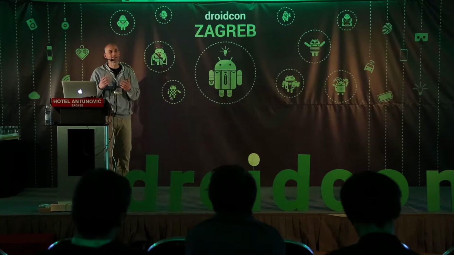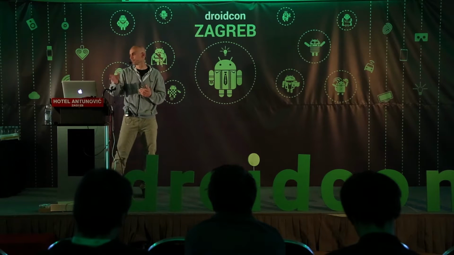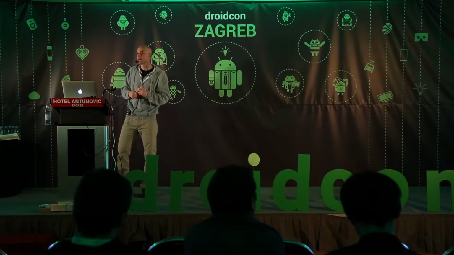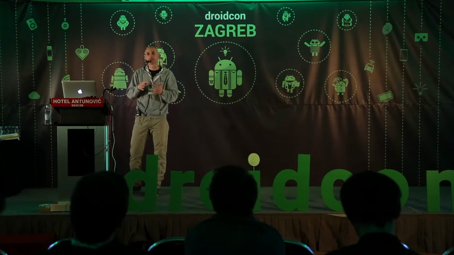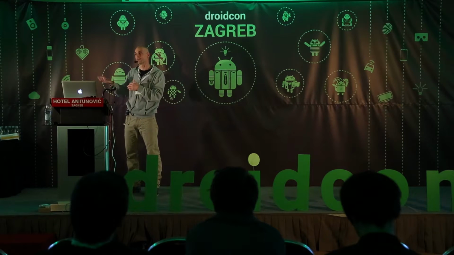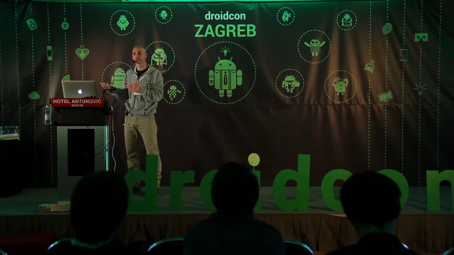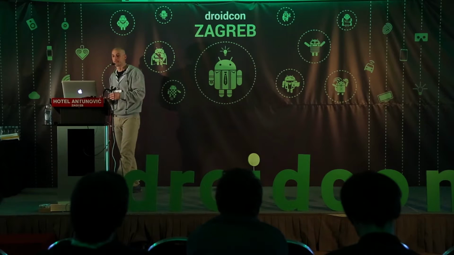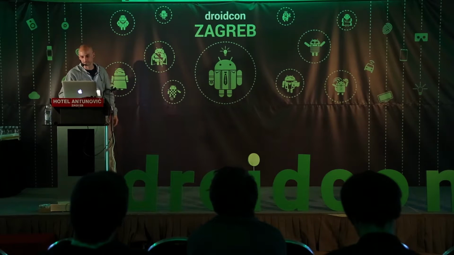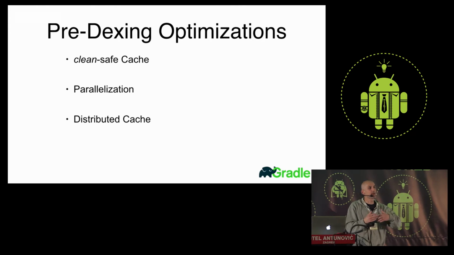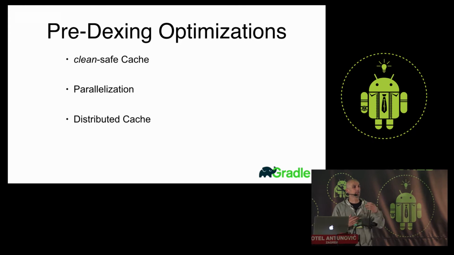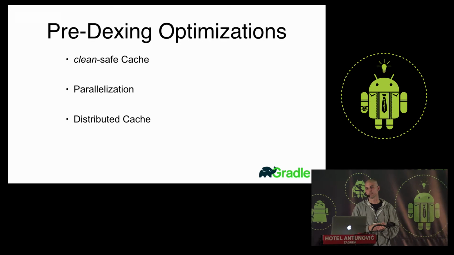And next time you call clean, it will take again the same amount of time, because those dexed libraries are not safe from being thrown away. They're not cached beyond calling clean. So what can we do there? We can have a cache, just like we have for dependencies, that will keep your dex results.